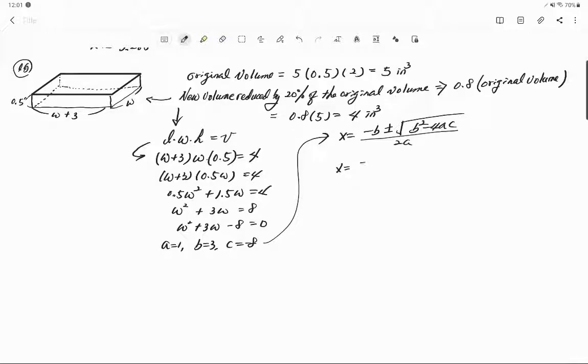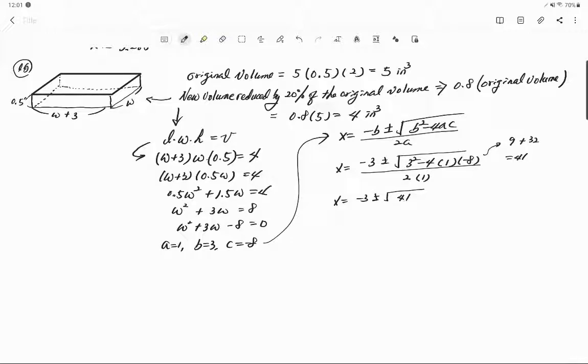So x equals negative 3 plus or minus square root of 3 squared minus 4 times a equals 1, c equals negative 8, over 2 times a. This part is 9 plus 32, which is 41, right?